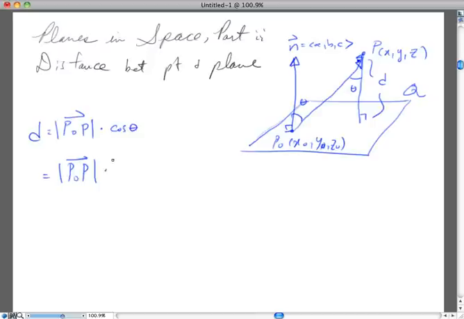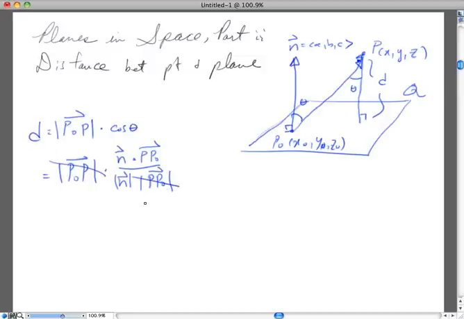Cosine theta was defined by the dot product of n and P naught P, divided by the magnitude of both. Well, you know that this cancels right here.